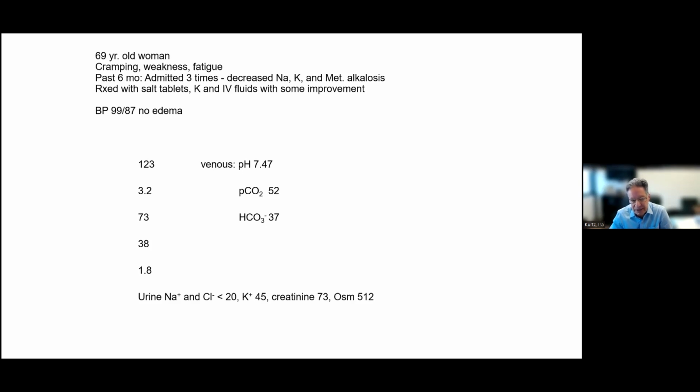So just given the history, given the dysnatremia, the hypokalemia, and what's going on, as far as a mixed disorder, it's going to be metabolic alkalosis with a mild respiratory acidosis. The PCO2 is a bit higher than we'd expect just for the compensation.